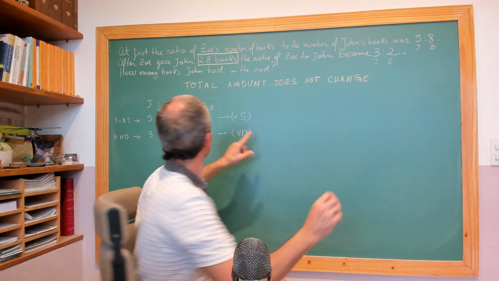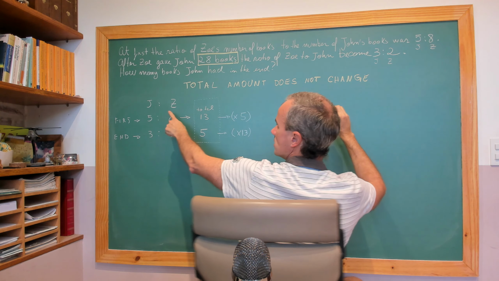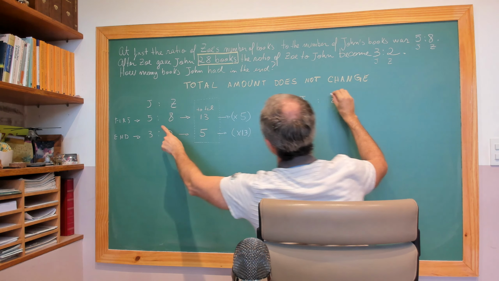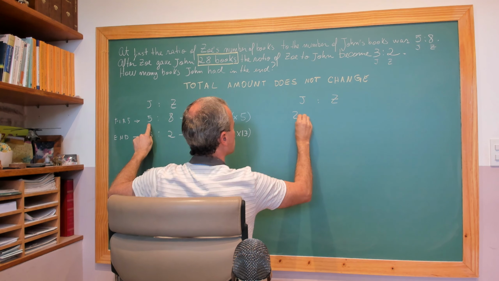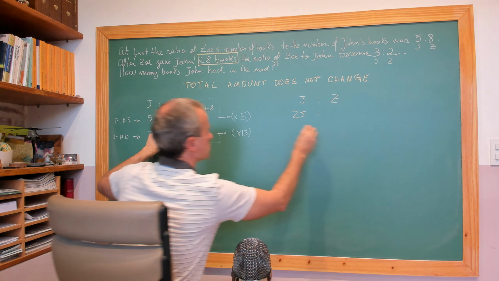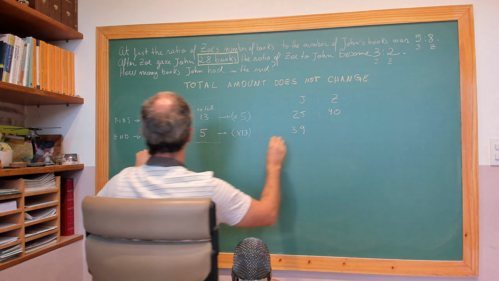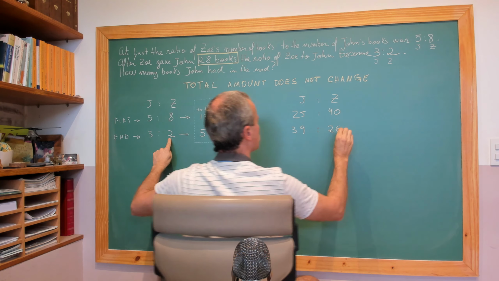So let's do it. So this is John. This is Zoe. Now let's solve. 5 times 5 is 25. 8 times 5 is 40. 3 times 13 is 39. 2 times 13, 26.